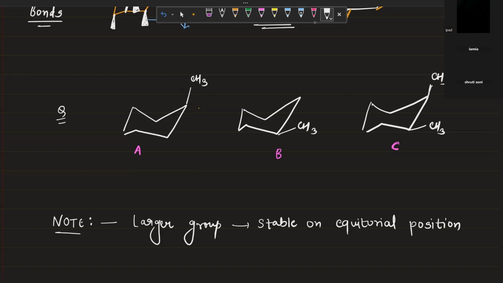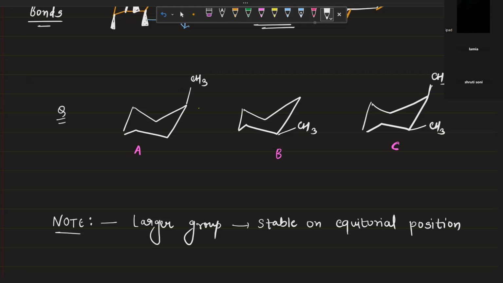Butyl. That's a bigger group, right? So it would be on the equatorial. Butyl is on equatorial. And what about methyl? Axial.